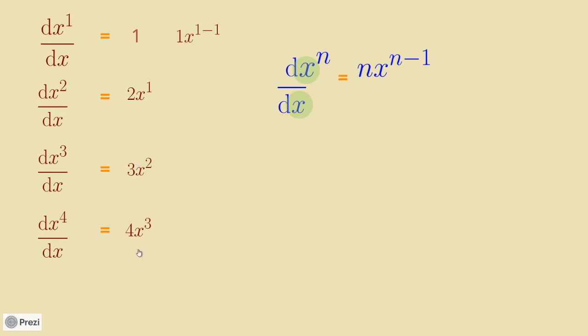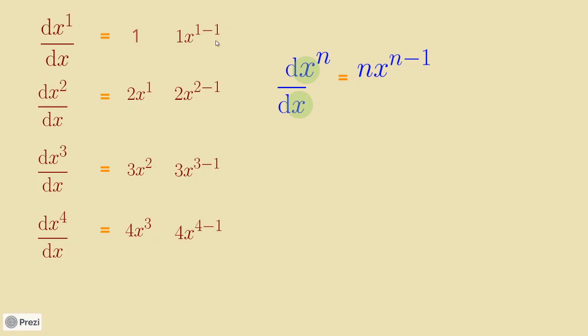So see, 1 is equal to 1 into x to the power 1 minus 1, which is 1 into x to the power 0, which is 1. 2x to the power 1 is 2x to the power 2 minus 1. 3x square is 3x to the power 3 minus 1. 4x cube is 4x to the power 4 minus 1. So you see, this is a general rule.